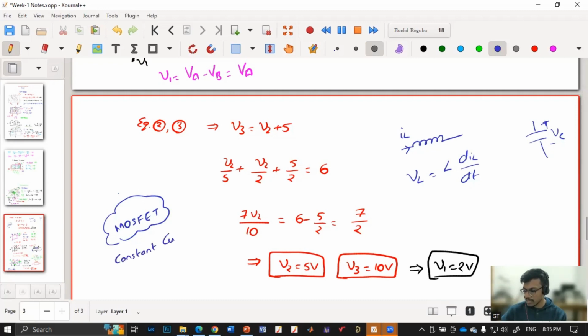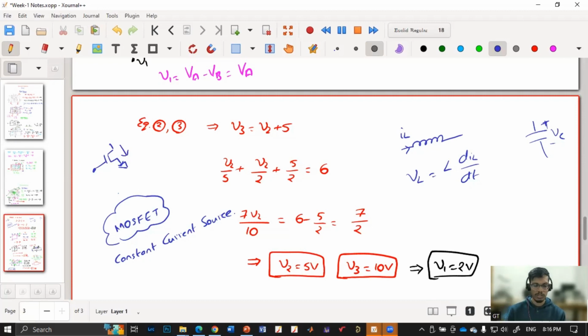In digital circuits, like in a mobile phone, they need constant current sources, and they use these MOSFETs in a particular way of connection. It's a 3-terminal device. They'll make this ground, and here they'll give a fixed voltage. So the current in this path is constant.